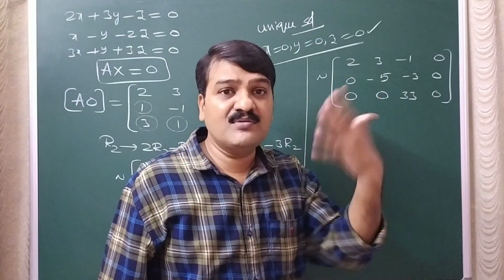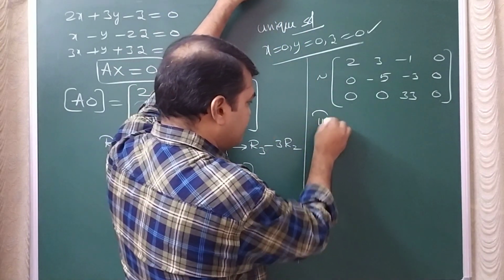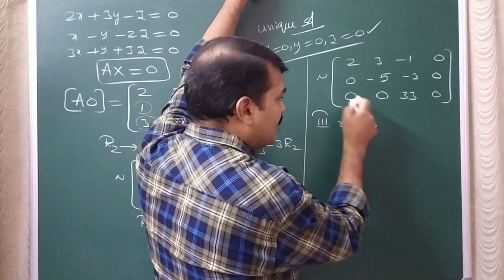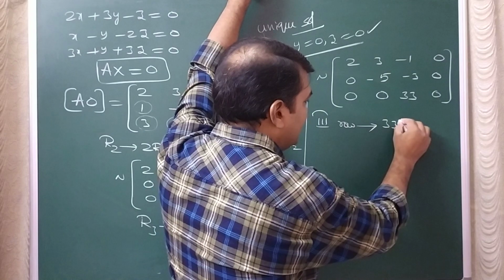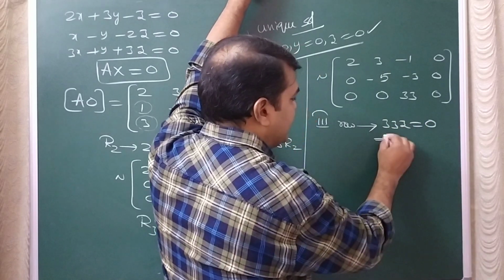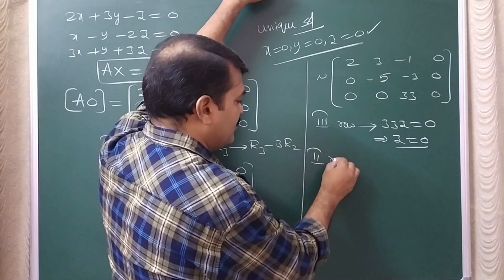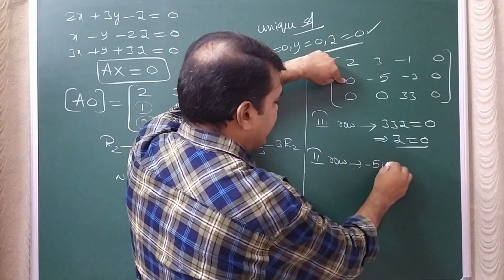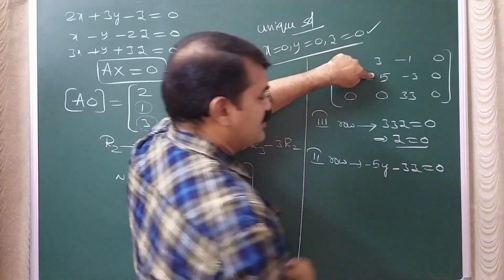Now let us write the equivalent equations. From the third row, 0 into x, 0 into y, 33z is equal to 0, you will get. That means z is equal to 0. From the second row, 0 into x, minus 5 into y, minus 3 into z is equal to 0.